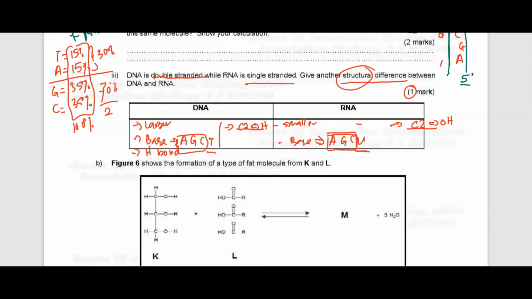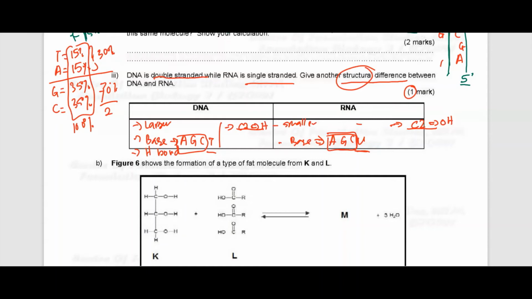And another thing that you have to take note of is that whenever you answer a question that involves giving differences between two items, in this case DNA and RNA, make sure you always compare the same thing. Okay, you have to compare apple to apple.